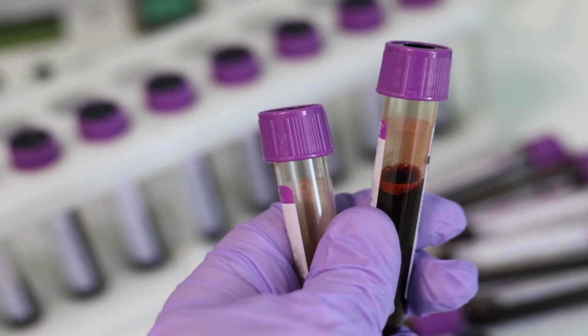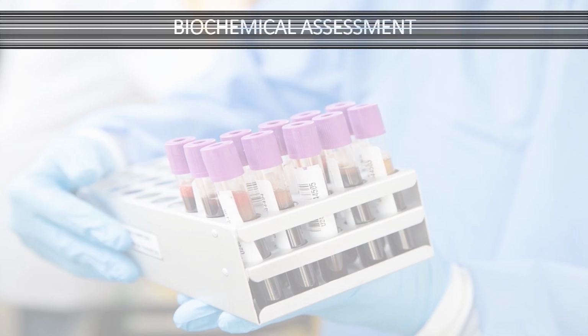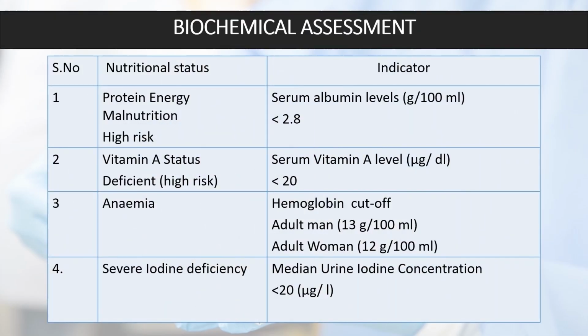To help you understand, for example, we talked about protein energy malnutrition or vitamin A deficiency earlier in block 2. We talked about the nutrient deficiency disorders. How can we assess? By measuring the level of the nutrient in the blood or the urine. In case of protein energy malnutrition, we can measure the serum albumin levels, and a level less than 2.8 grams per 100 ml of serum or blood is indicative of high risk of protein energy malnutrition.